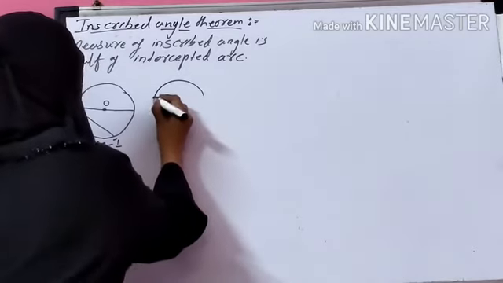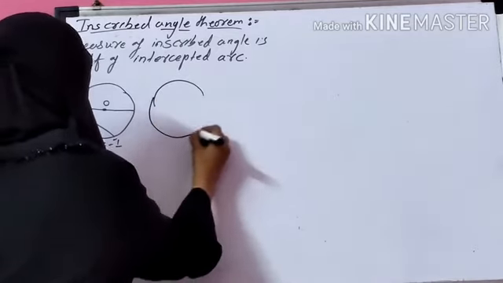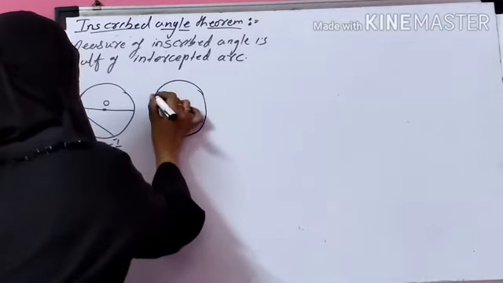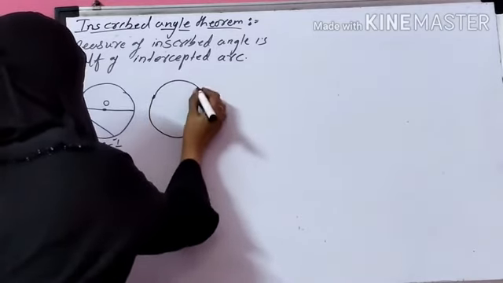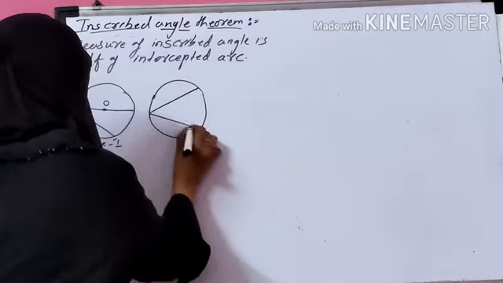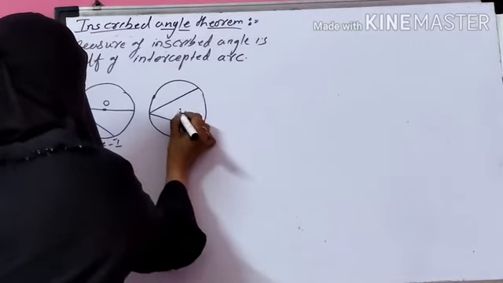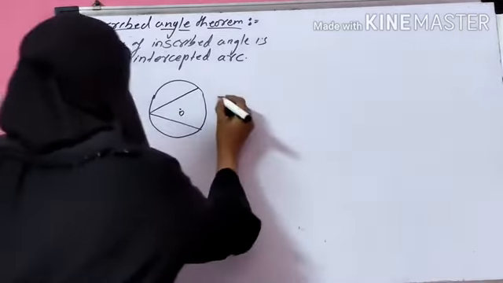Second case: the center of the circle lies in the interior part of the angle.